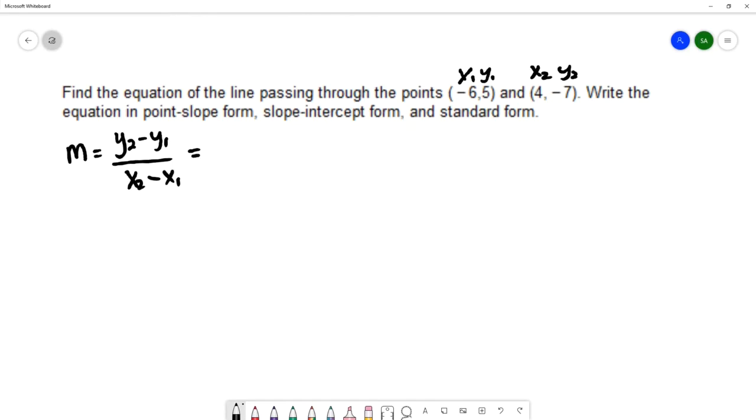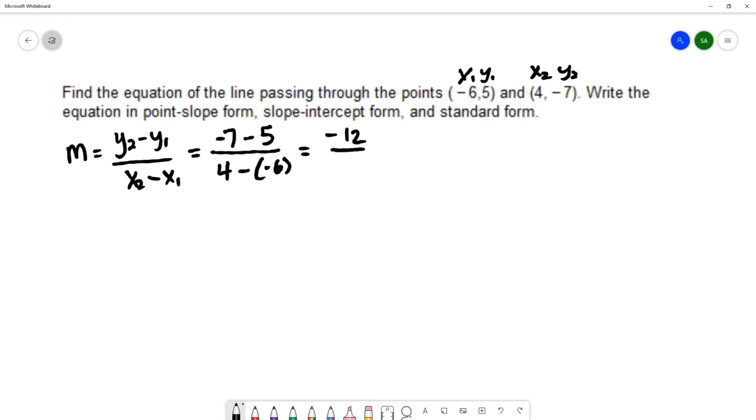So y2 is negative 7, y1 is 5, x2 is 4, and x1 is negative 6. In the numerator that gives negative 7 minus 5, which is negative 12.